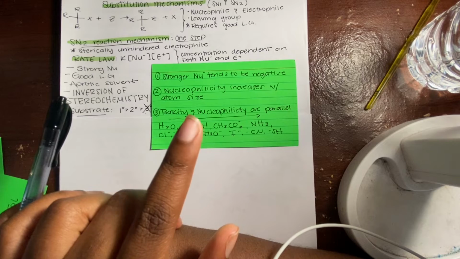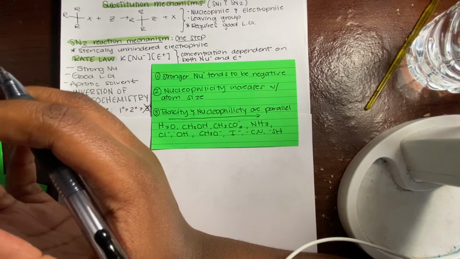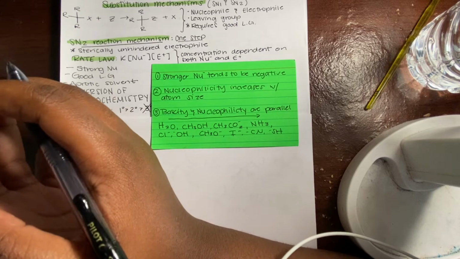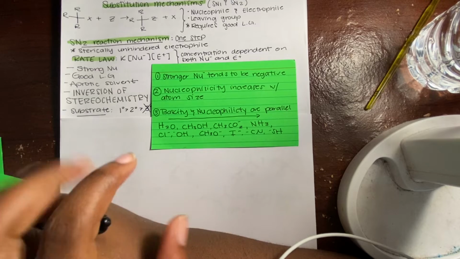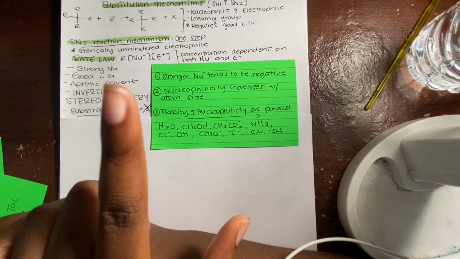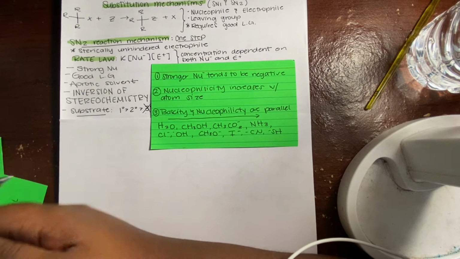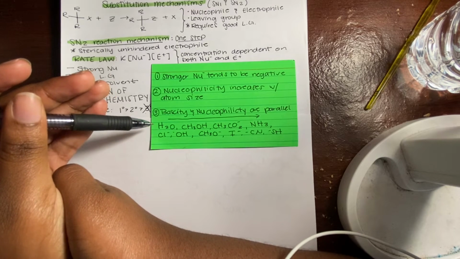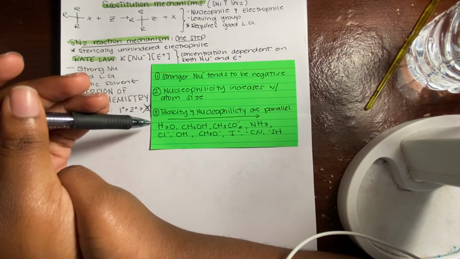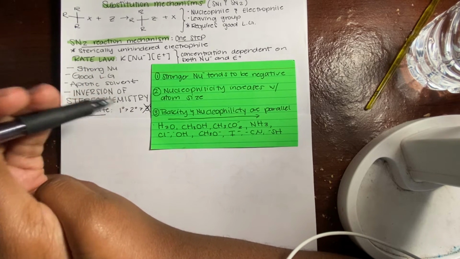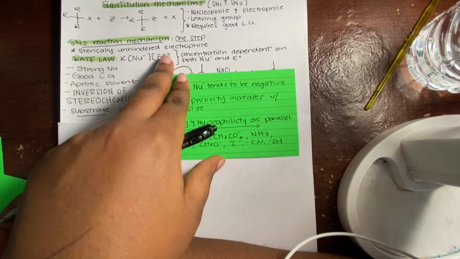Nucleophilicity increases with atom size, so the bigger the atom is, the more ability it has to overlap with the non-bonding electrons of whatever the nucleophile is trying to react with. And basicity and nucleophilicity are generally parallel. So here I have a list of different nucleophiles in order of increasing nucleophilicity, with H2O being the worst and SH being the best out of this list.